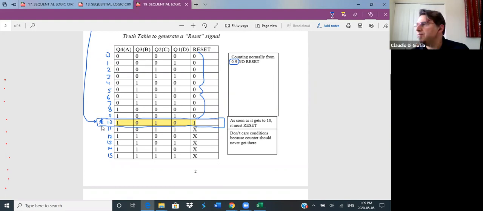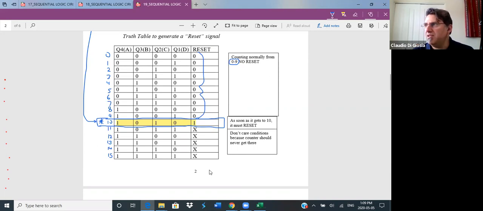Anything above it is 0. Anything below it is an X, which is something we haven't seen before, okay? So far, so good. These are the steps. You have a truth table, you want to count till 10, you go to 10, you write a 1. Anything above that is 0, anything below that is an X.